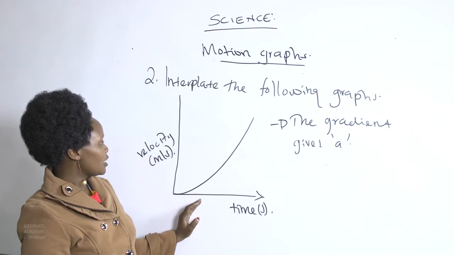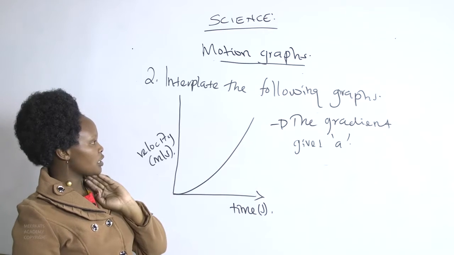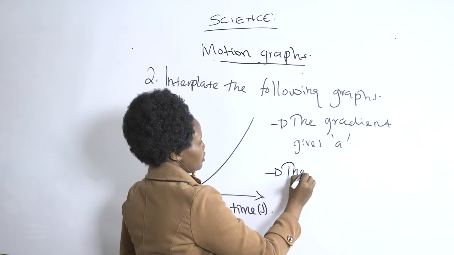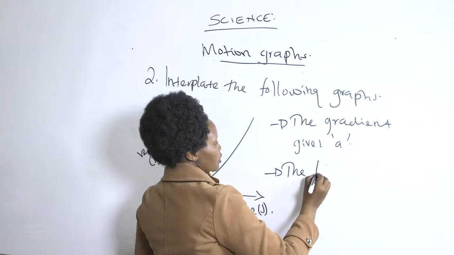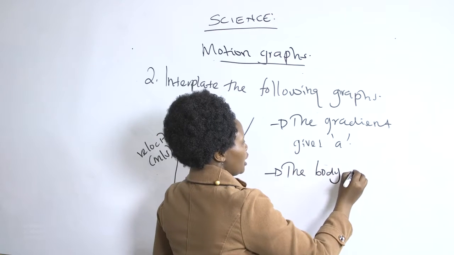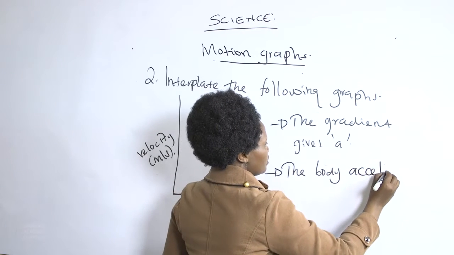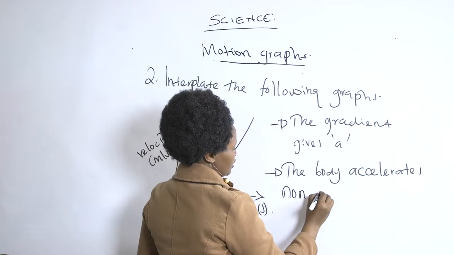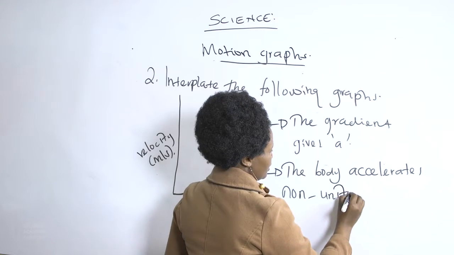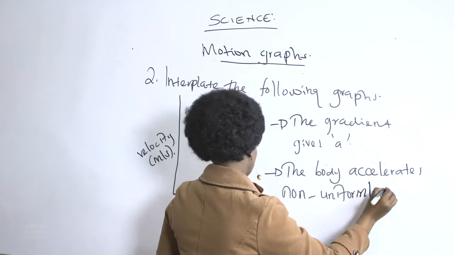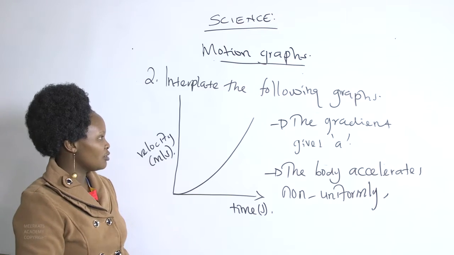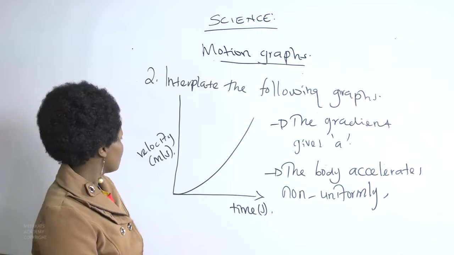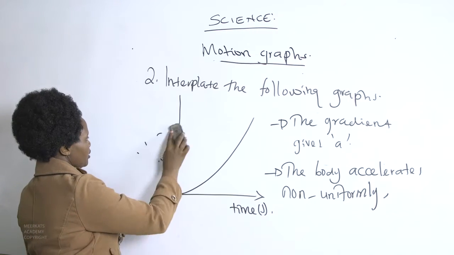Therefore, the fact that the gradient of this graph is increasing shows that the body accelerates non-uniformly, now that the gradient is increasing at regular intervals of time.